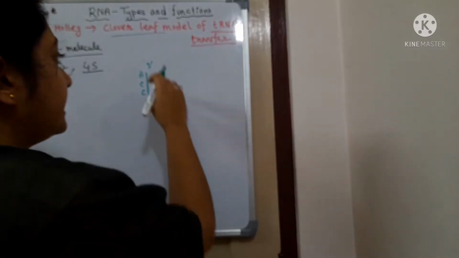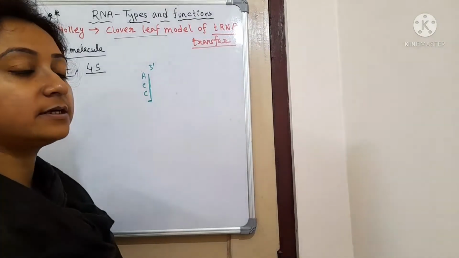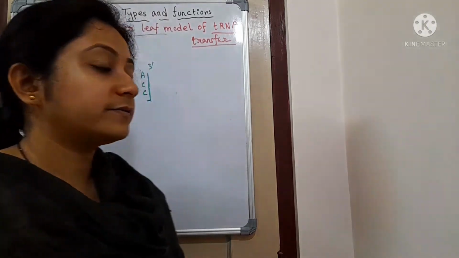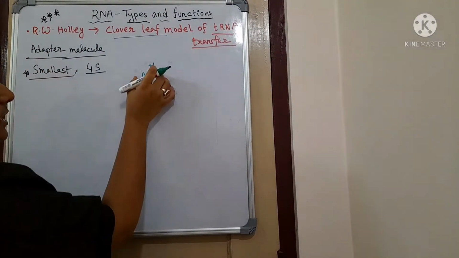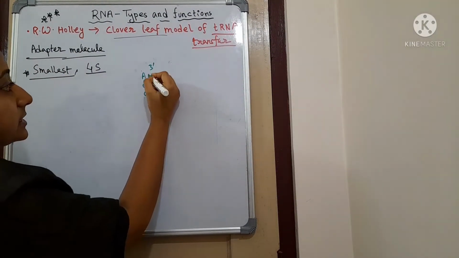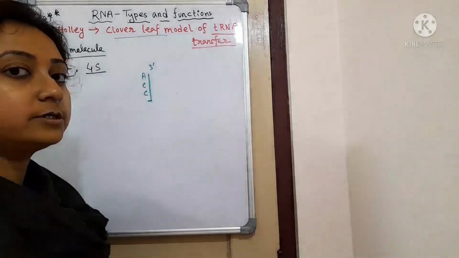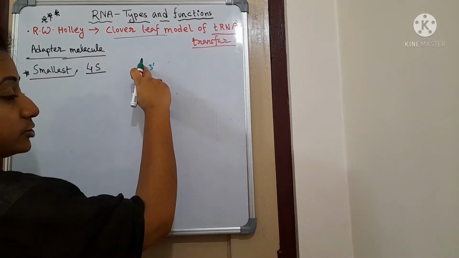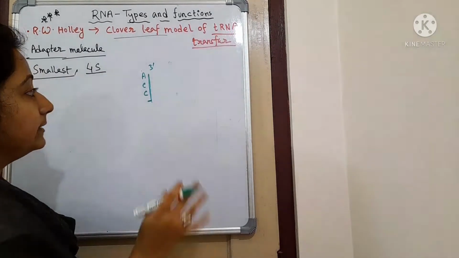And these three, ACC, are constant irrespective of any type of tRNA present in the cell. Whatever type of tRNA is present, these three will remain the same, constant. And these first four nitrogenous bases are free.